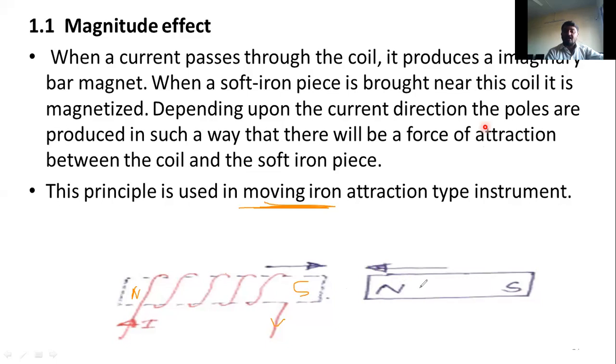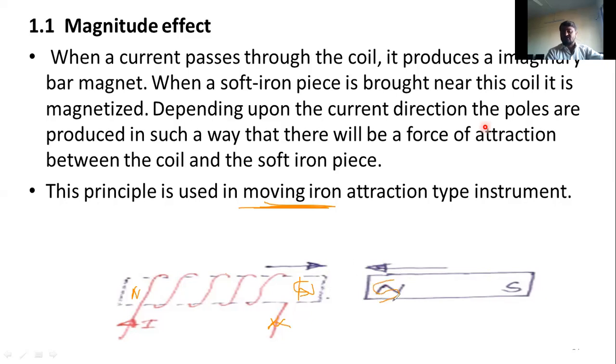Whatever it may be, this is just an iron piece, it may be north or south. Based on the current direction, if the current flows inside the coil, that is north and this is south. Suppose we find it reversed, this will act as a north pole and this will act as a south pole, and in that situation the iron piece's poles will change.